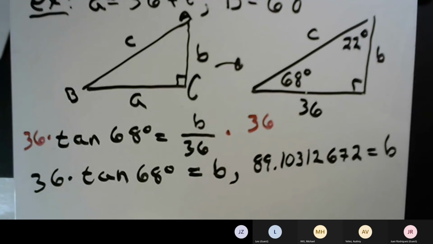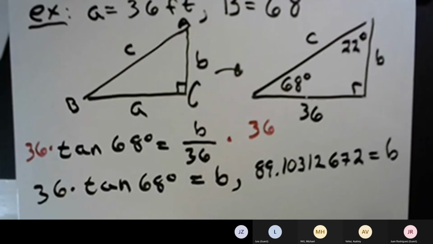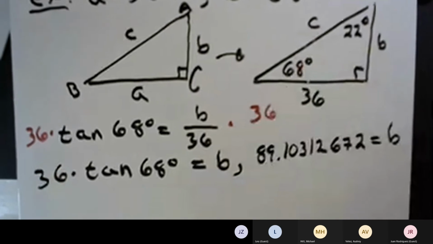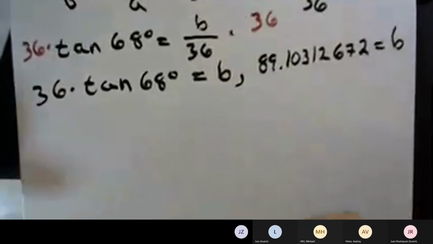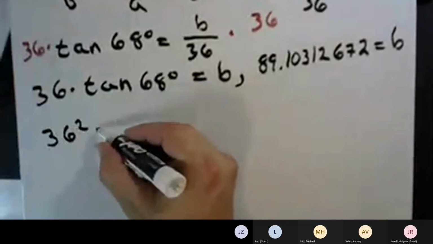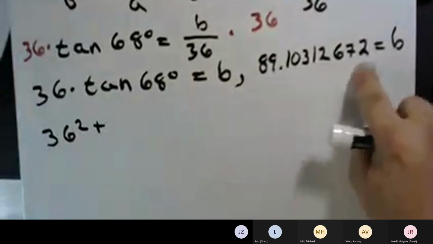So now we have B. We need C, and to do that, we can use the Pythagorean theorem. Now, C is a hypotenuse. That means this squared plus this squared equals that squared. So 36 squared plus what we got for B squared, that's equal to C squared.